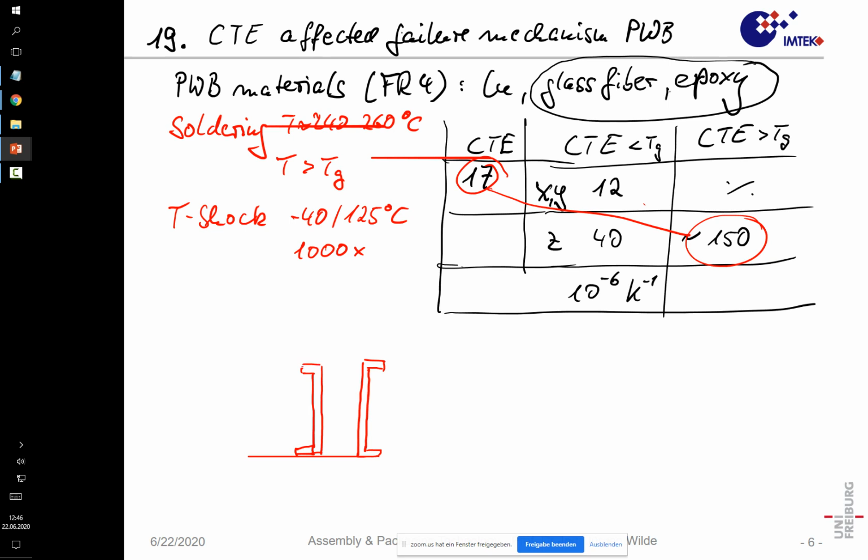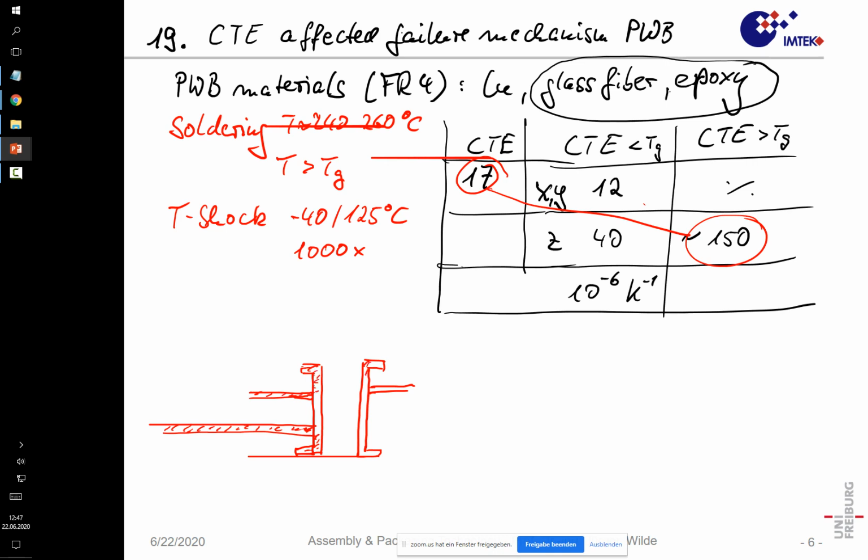And also what we have, frequently in almost all printed wiring boards, is some intermediate layers which are attached. Typically, of course, they should be attached continuously. So maybe it's better to make it that way here.